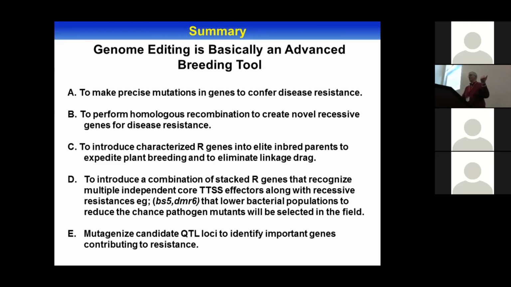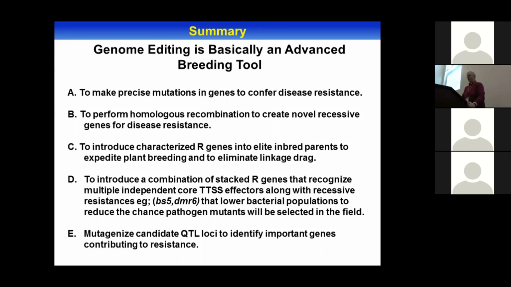The idea would be that the recessive resistance would lower the growth of the pathogens, which would then lower the probability that the pathogen would be selecting for mutants that would overcome the resistance genes. And the idea is, can we slow that process down such that we can have a long-lasting disease resistance phenomenon by using a multi-pronged approach.